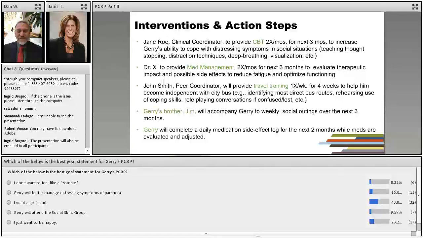We had a peer specialist involved doing some rehabilitative skills training and travel training so he could get on the bus and go out to those preferred activities. And last but not least, down the bottom, you see we got his brother, that supportive brother Jim, involved, so he didn't have to do all this on his own. And Jerry himself wanted to take a close look at how he was feeling on his current medication regimen, tracking his side effects while the doctor worked on those.